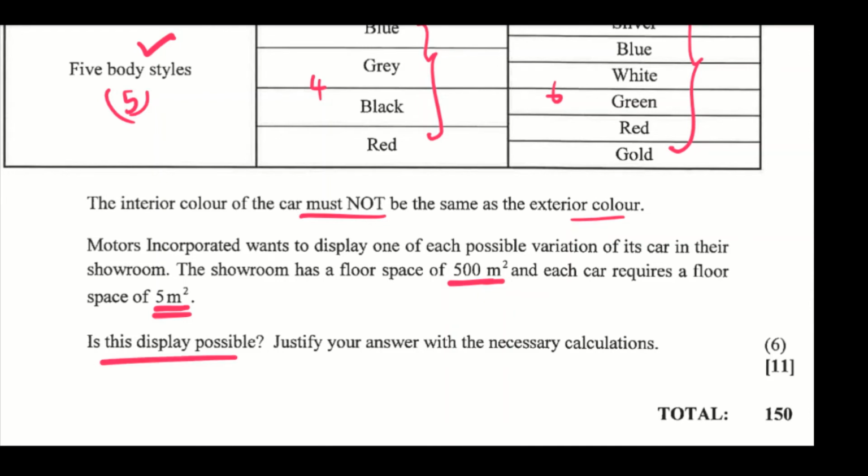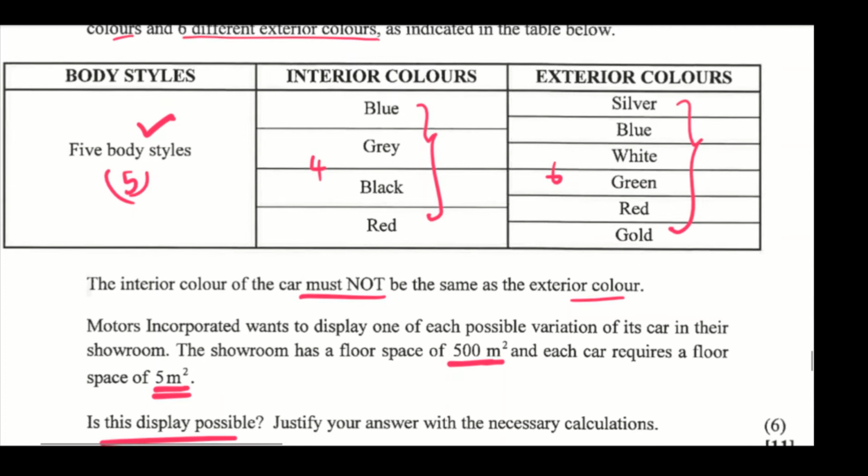So what we're going to do here is choose each style or each color for just one car, and we're going to do that for all the 5 body styles.